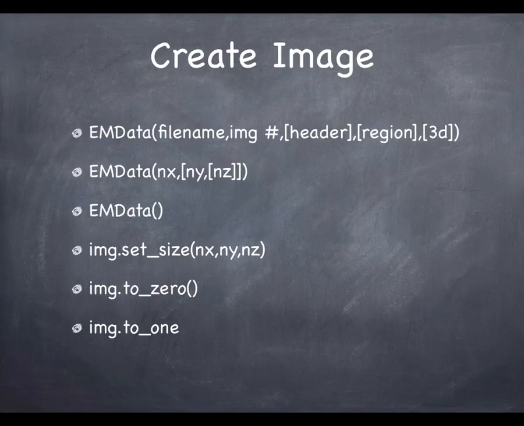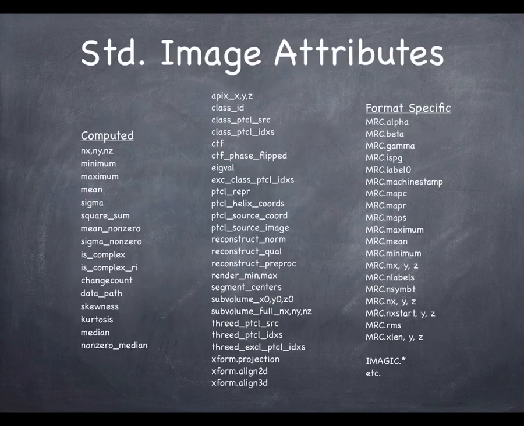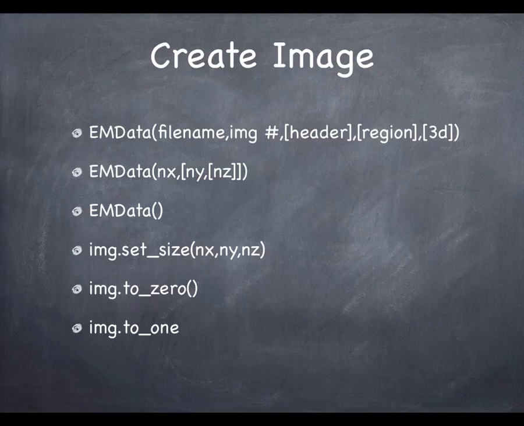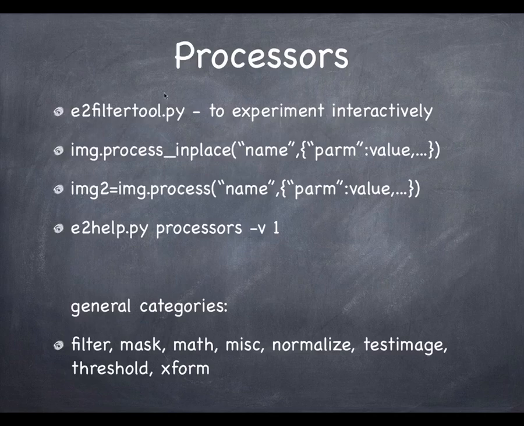Let's see, what's next? Oh, interesting. I have 2 pages with create image, I guess. All right, fine. Okay, filter tool we've already talked about. Once you've figured out what the parameters are and you want to actually do some of the image processing operations, there are 2 methods that you'd call, process or process in place.